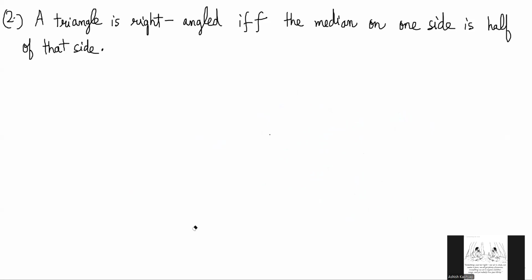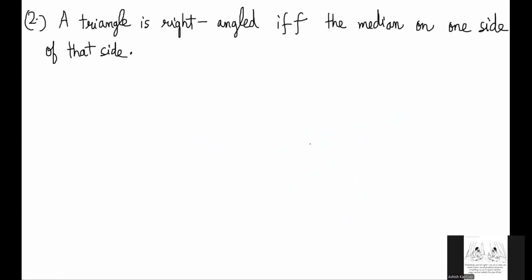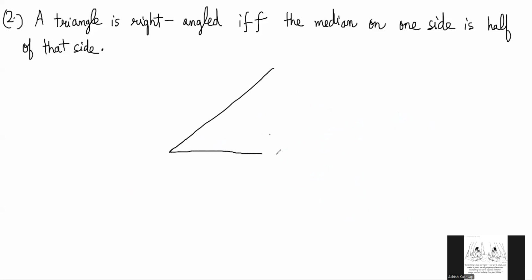The first side is you can prove that if the median on one side is half of that side, then the triangle is right angled. So make a triangle and draw a median. Let's say we have a triangle like this.